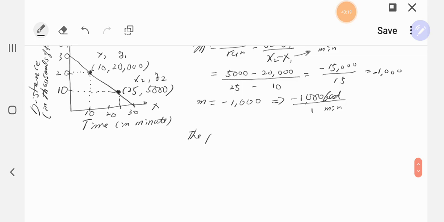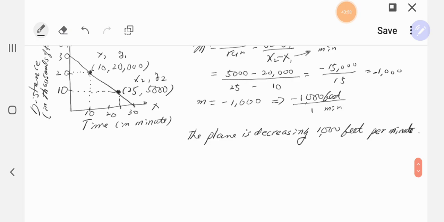So the plane decreases the height. The plane is decreasing 1,000 feet at a rate of per minute. So decreasing at a rate of 1,000 feet per minute.